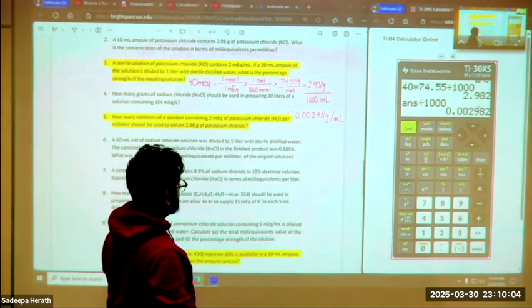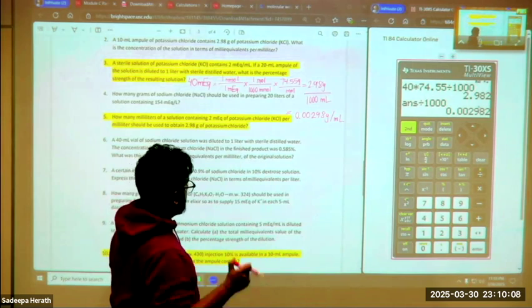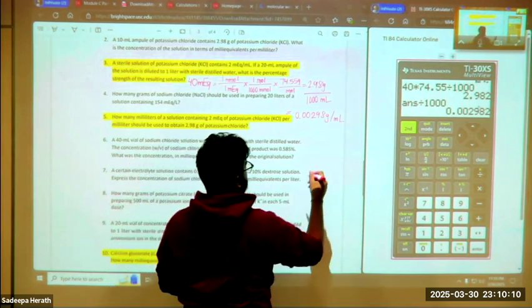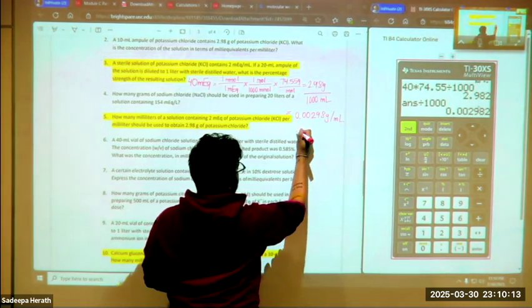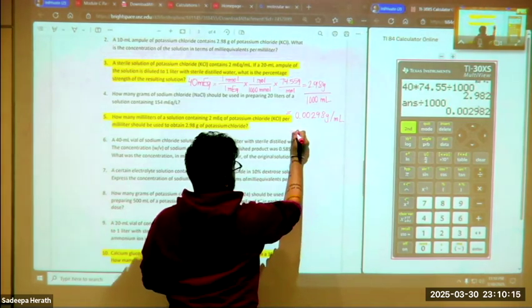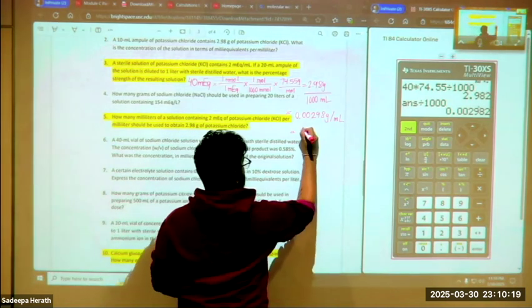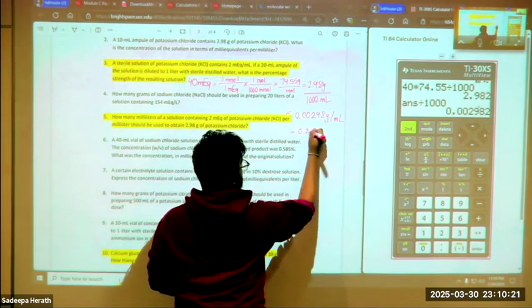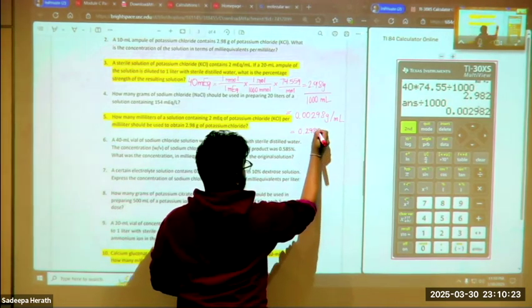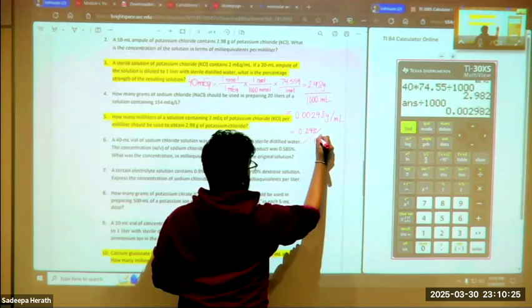Up to you how you want to go about it. You could just multiply it by 100 and say that's percent. So let's show it like this. If I were to multiply by 100 on both sides, you get 0.298 for every 100 ml.